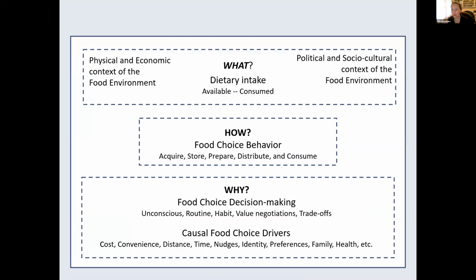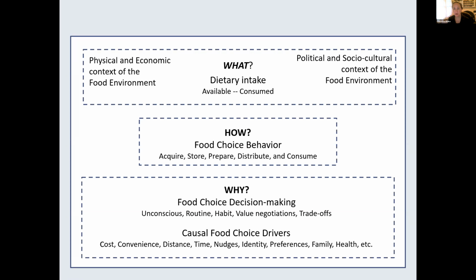So to identify drivers of food choice that guide future program and policy action, it really is necessary to think about food choice from the perspective of what people eat, how they eat, and why they eat the way they do. So with clear objectives and a population description, we can answer three essential questions. What is available and consumed in a given physical and economic, political, and socio-cultural context of the food environment?